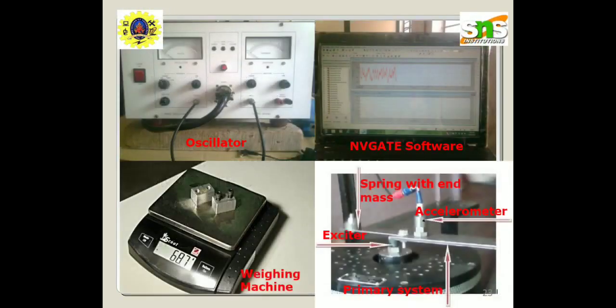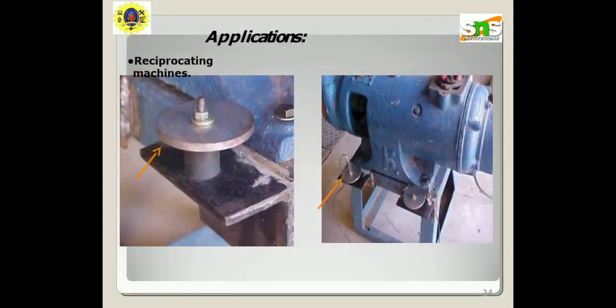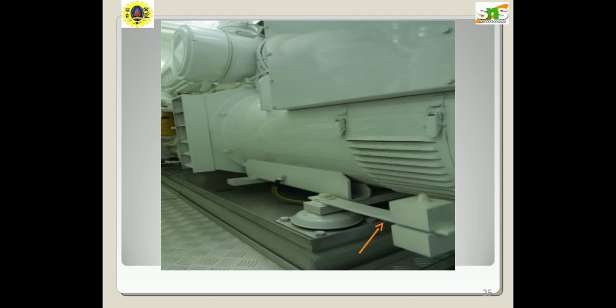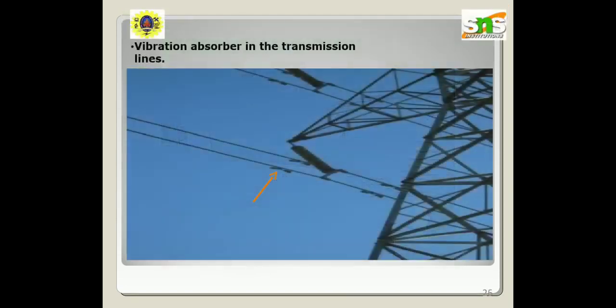These are the systems of oscillator, software and weighing machine, and the primary and secondary systems are connected in this slide. And the application of these in reciprocating machines. So the vibration absorber in transmission lines will be shown in here.